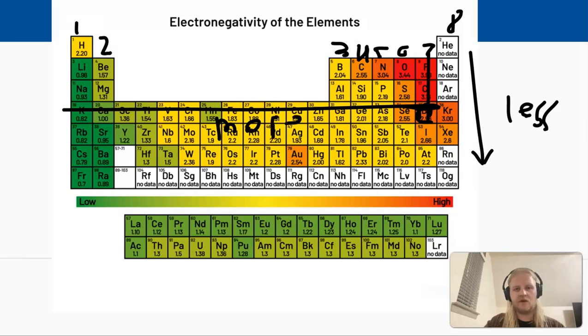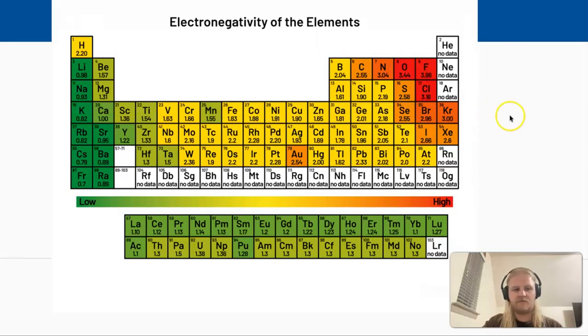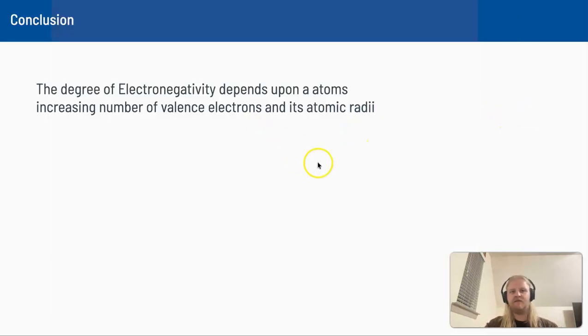All right, recap. Take a picture of that. The degree of electronegativity depends upon an atom's increasing number of valence electrons and its atomic radius. Like bromine has seven valence electrons.